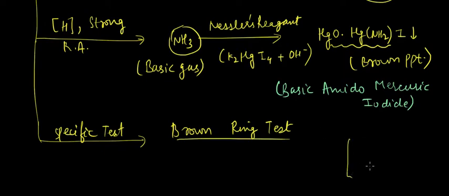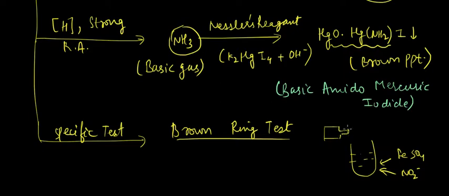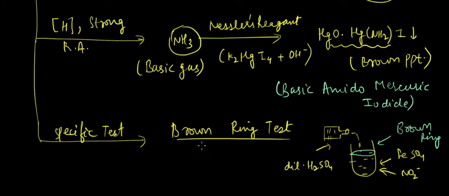So we have a beaker containing FeSO4 and also containing NO2 minus ion. Into this beaker we are pouring dilute H2SO4 from a bottle. So we are pouring dilute H2SO4 into a vessel which contains FeSO4 and NO2 minus ion, and we get a brown ring formed. So the NO2 minus gives the brown ring test.